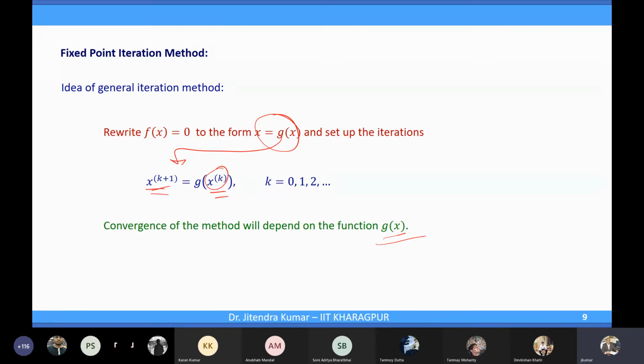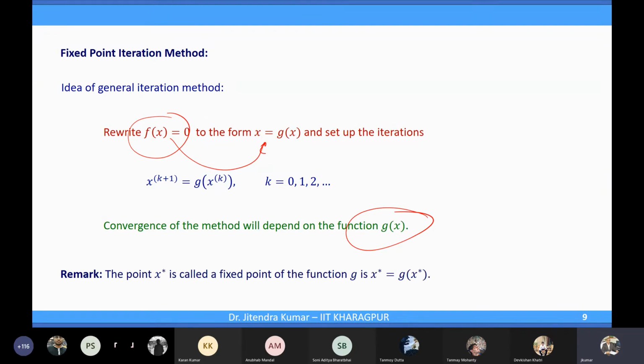Gauss-Seidel is different, Gauss-Jacobi is different, and they act differently for different problems. Sometimes one is convergent, the other one is divergent, and so on. So here also that splitting is important. How do you split f(x) equal to 0 in this form? The convergence will depend exactly on g here.